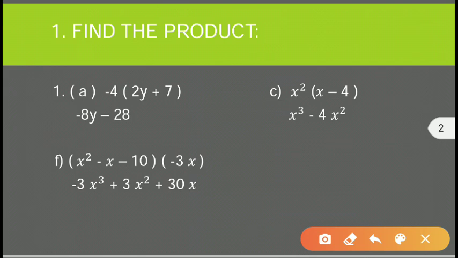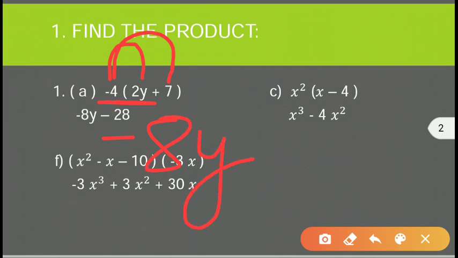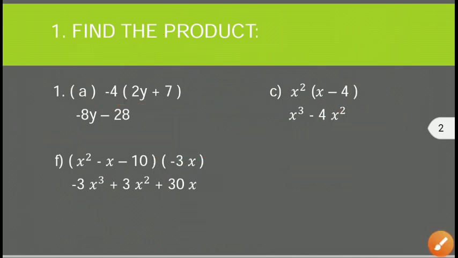When you multiply -4 with the 2y, you get -8y. And when you multiply -4 with the +7, plus minus will become minus, and 4 into 7 will give you 28. So this is your answer.